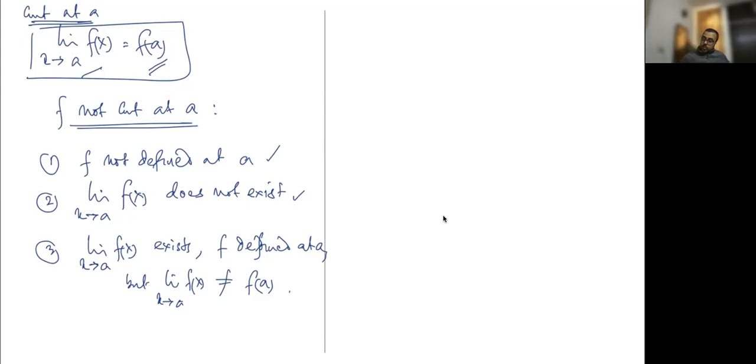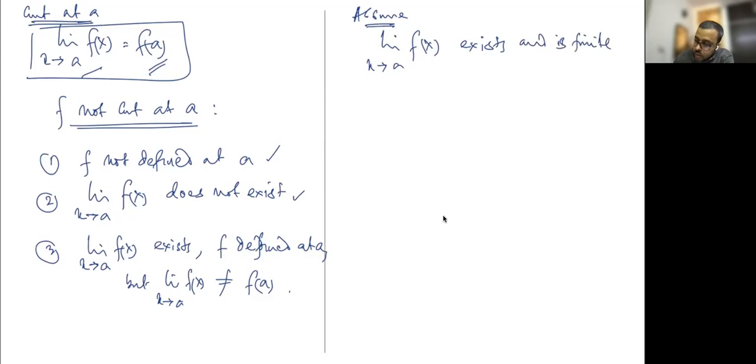Okay, now suppose this exists and is finite. So this means that the limit is a real number, not plus infinity or minus infinity.